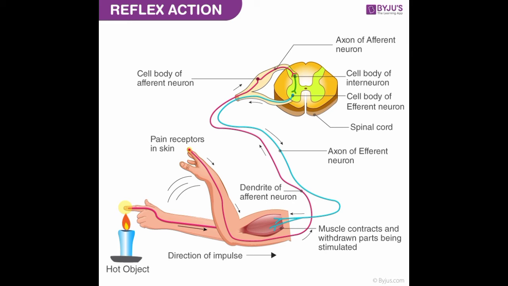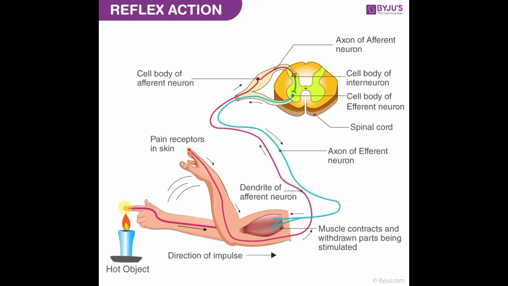Now these motor neurons conduct the nerve impulse from the spinal cord to the effector organs. These carry the signal, and the effector organ responds, producing the movement of the muscles. Like, it gives a signal and the bicep muscles contract and withdraw the hand.